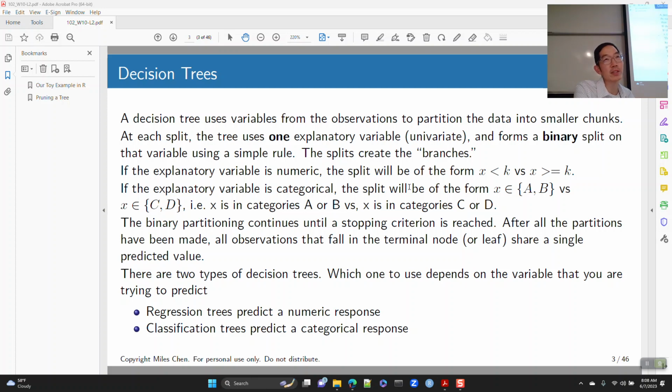And if it's a categorical variable, it'll be like: are you in this group or in some other group? And if it's something complicated, it could be: are you in any of the following groups? Like if we were going to split the United States, you could say: are you from a coastal state?